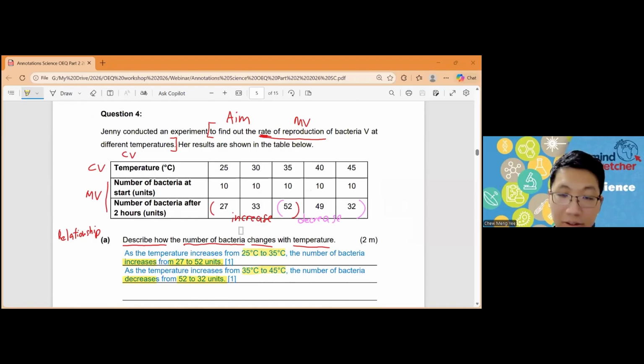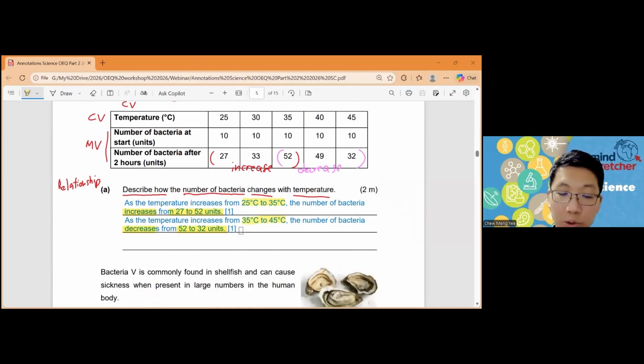If you need to choose between either one and you do not know which one to choose, the first one is the one where you can include all these values easily. So as something increases from what to what, something decreases from what to what. That's the easiest way to phrase your relationship answers.